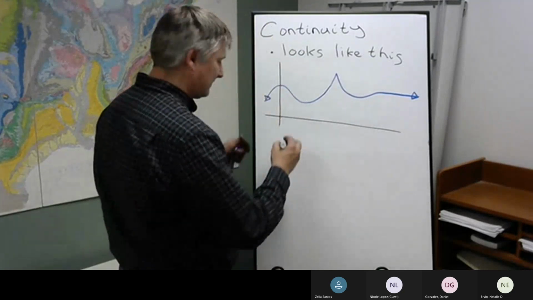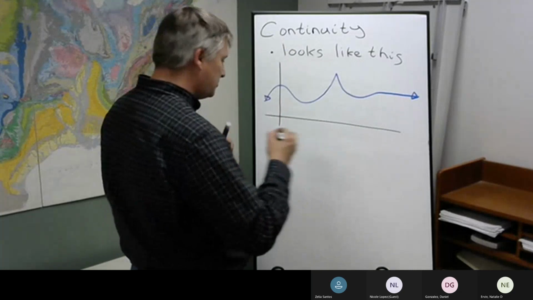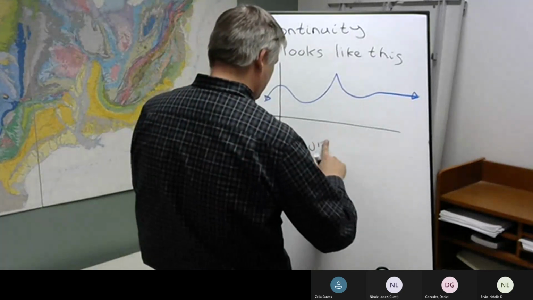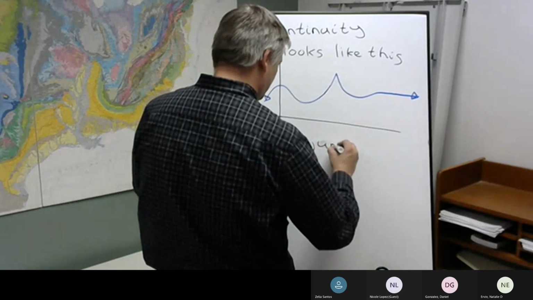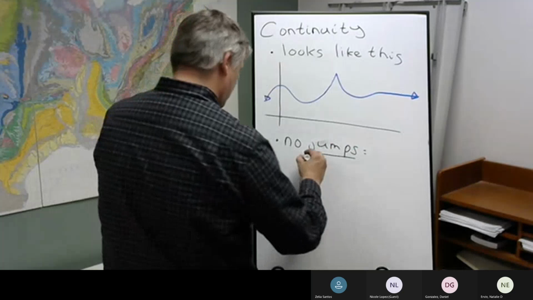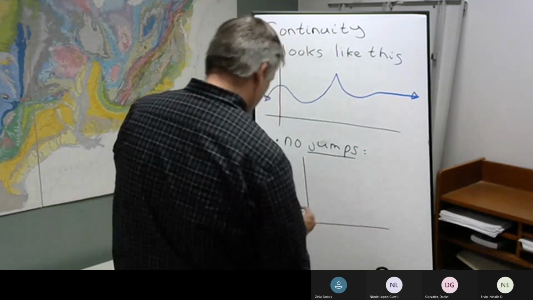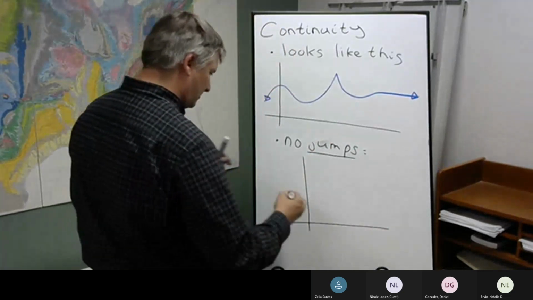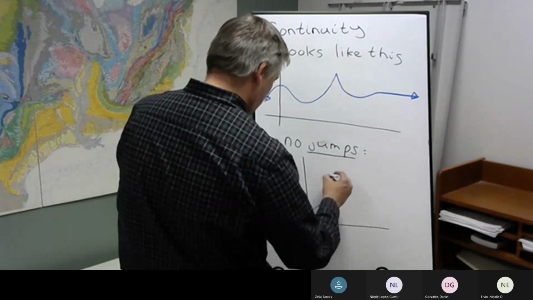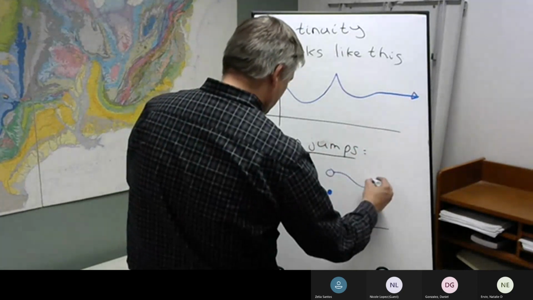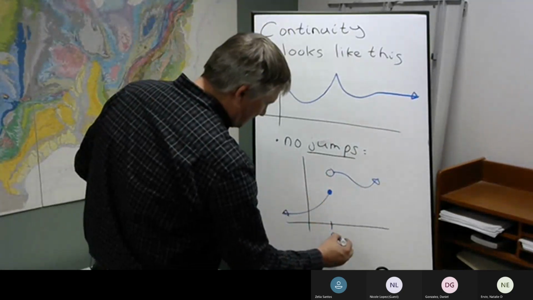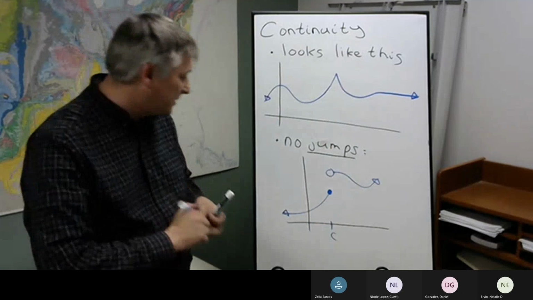Let's see. There are no jumps. So this would be a jump at x equals c.